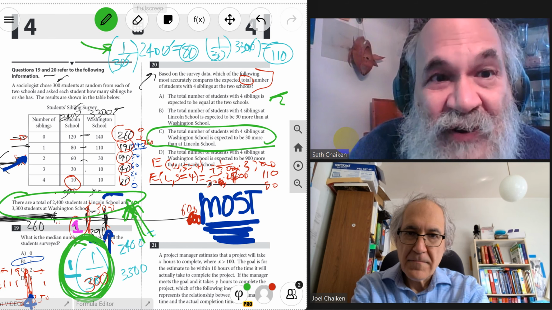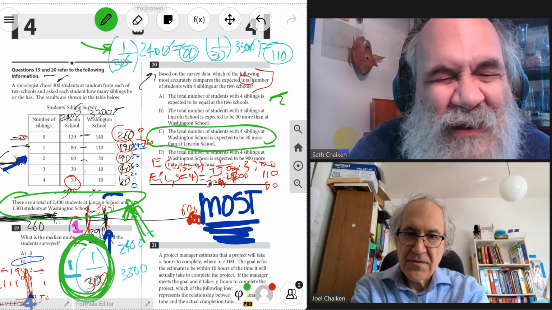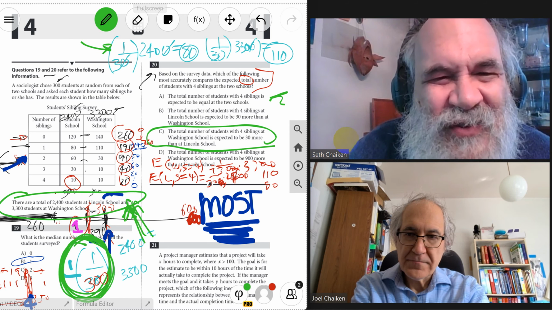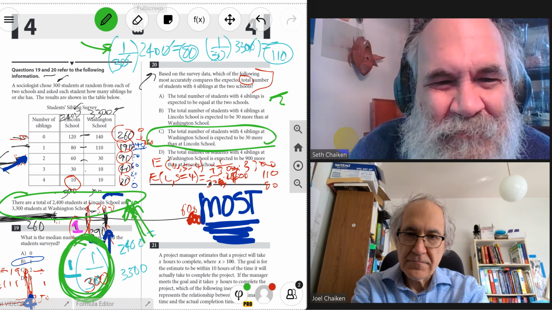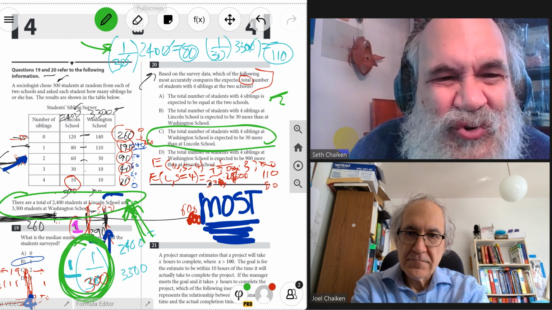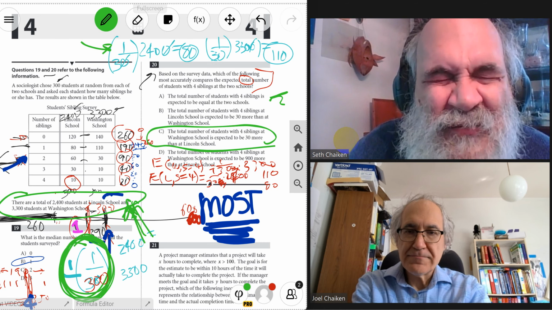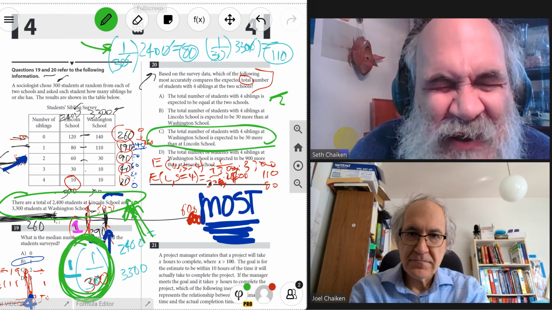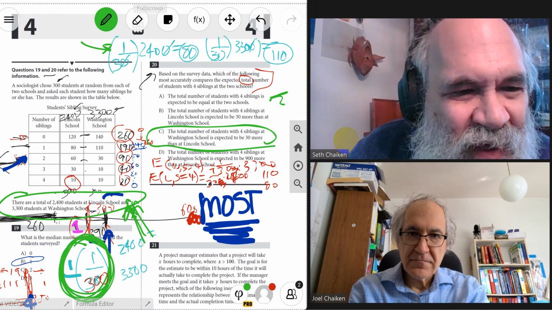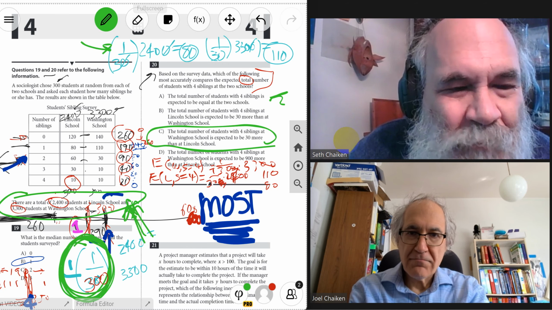However, the structure of the question is there are 4 specific statements, and your job is to choose the one that is most accurate, based on the information in the table, plus the data about the totals.